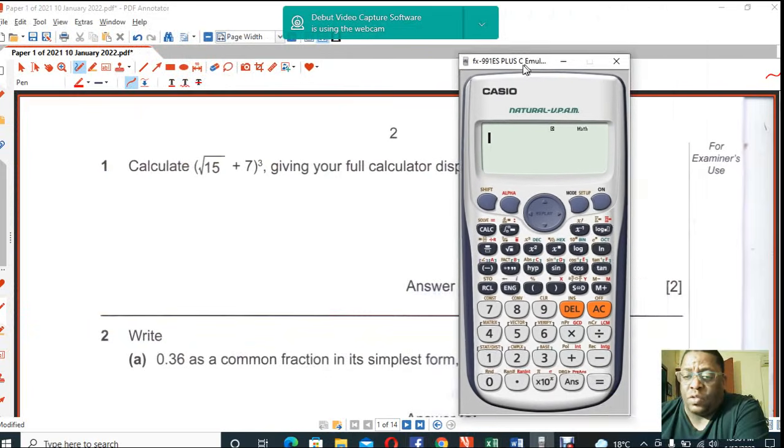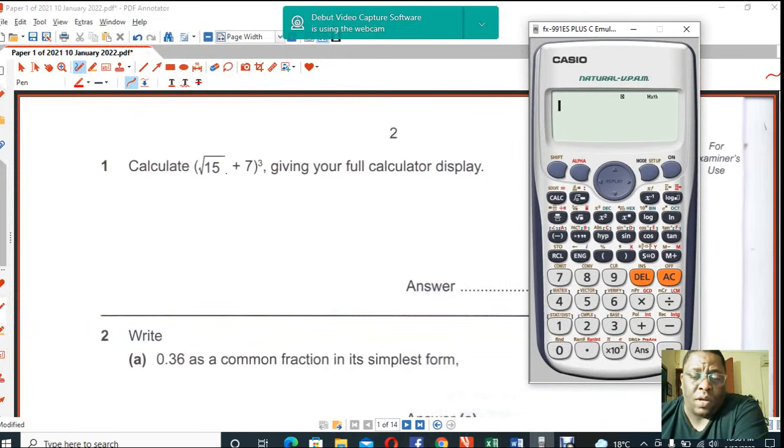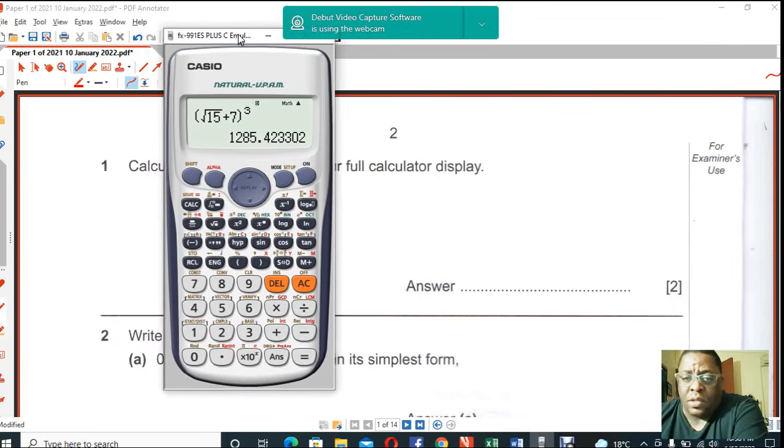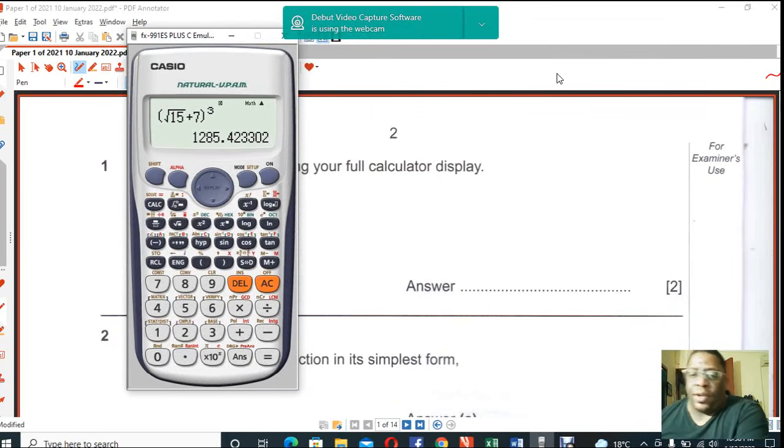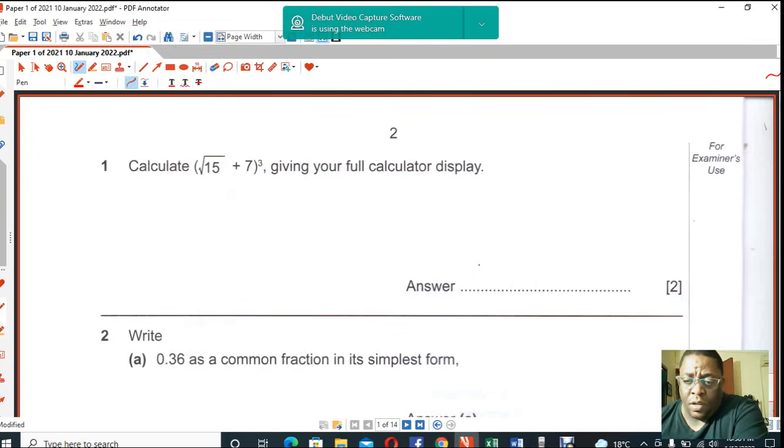All right, so the first question, you can see it says you're supposed to calculate, and then you must give your full calculator value. So I hope that we all use our calculators wisely and just try to follow the steps of what I'm doing here. Basically, it's a calculator question, you do everything that is there, and that should be the correct answer, and you just write that answer in without even having much of a problem.